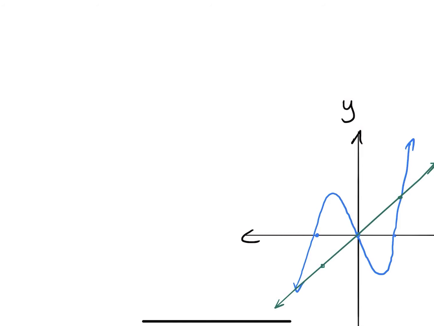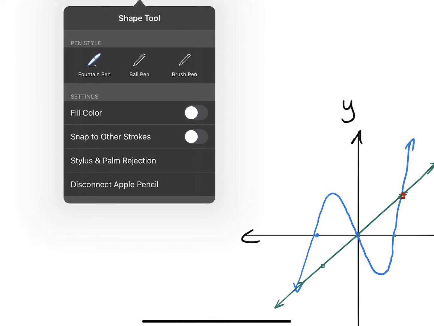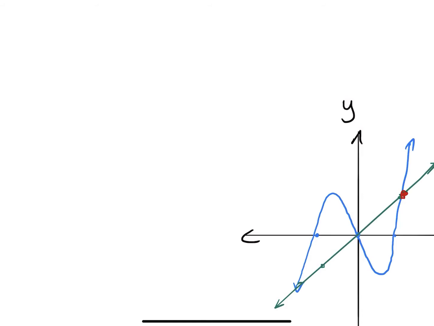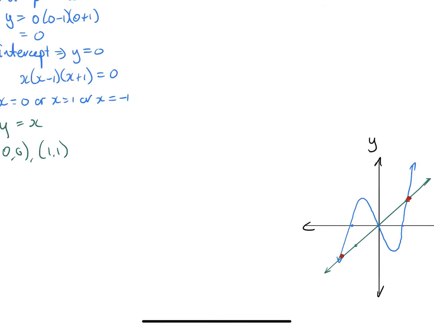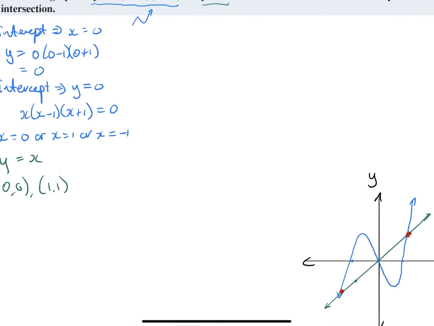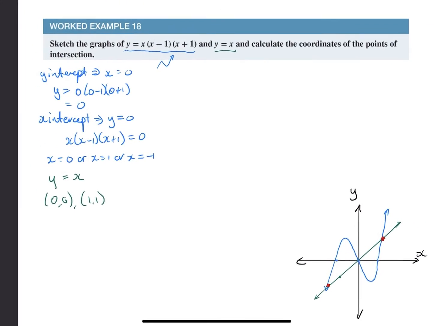So what I need to know is what these intercept points are. So where do they intersect? What's my x and y value? That means that's where the two graphs are equal to each other. I'm going to work in red because that will give me my red spots.